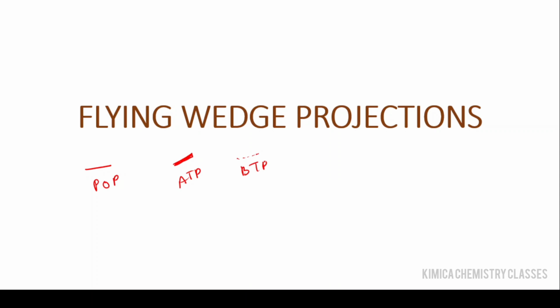So this flying wedge projection, I will explain with one example of lactic acid, that is 3-bromobutan-2-ol. I will show you.